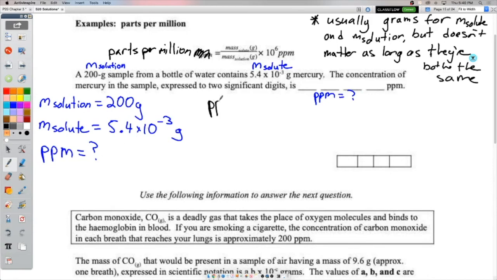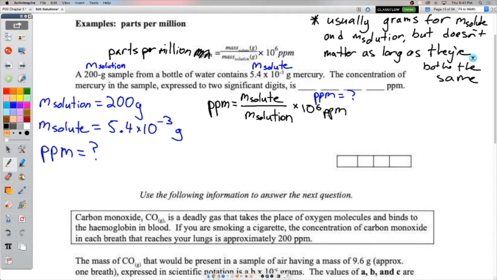So it is going to be our new friend, ppm equals M solute over M solution, and then times 10 to the 6, which is just a fancy way of saying a million. 10 to the power of 6 is a 1 and 6 zeros, which we usually would call a million.